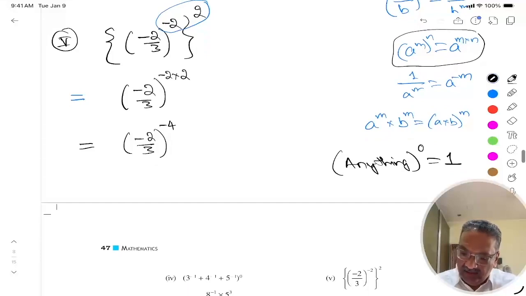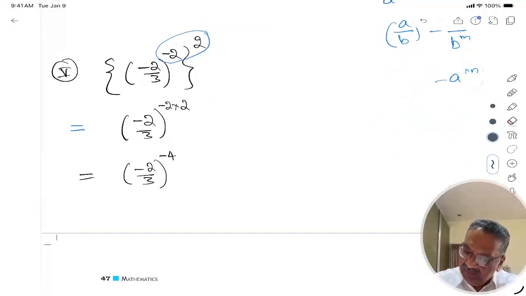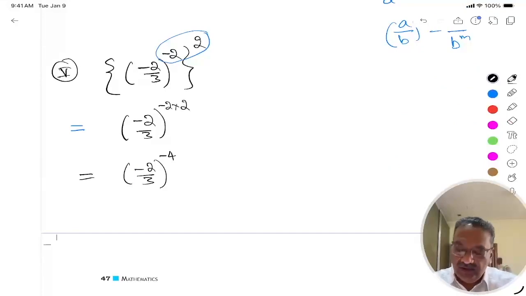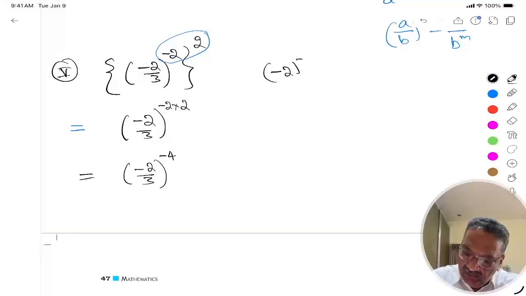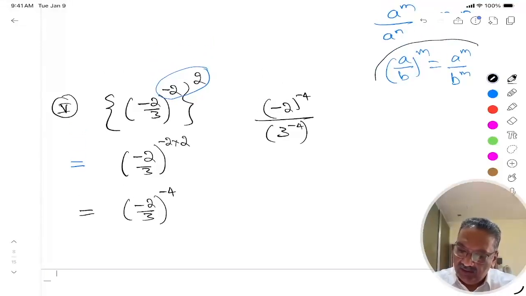Okay, see, let me explain a little bit here. There are two ways of doing this. What I can do here is -2 to the power of -4 divided by 3 to the power of -4. Which formula am I using?